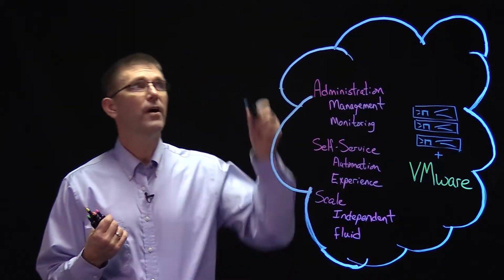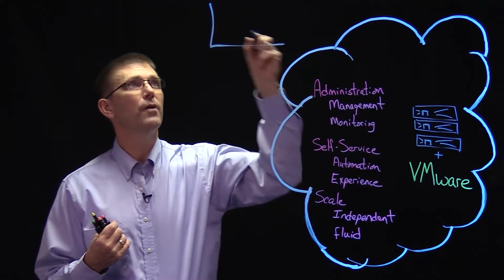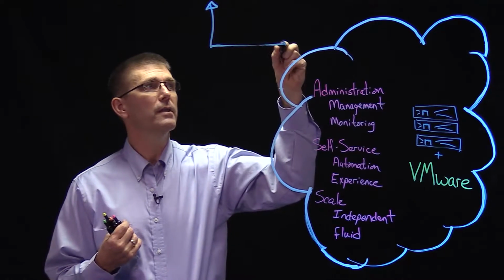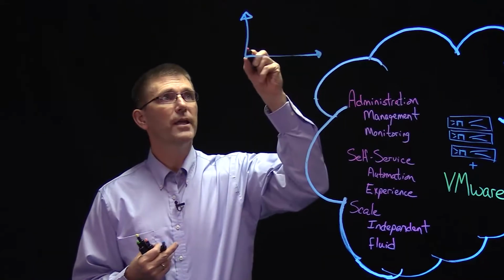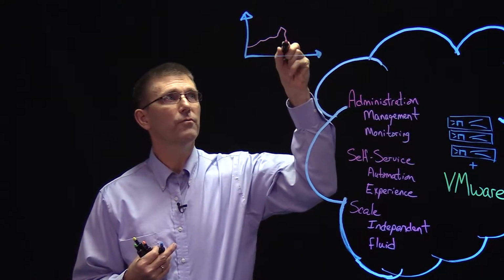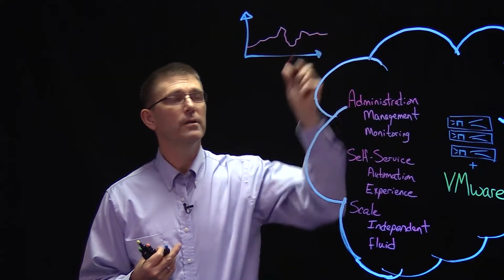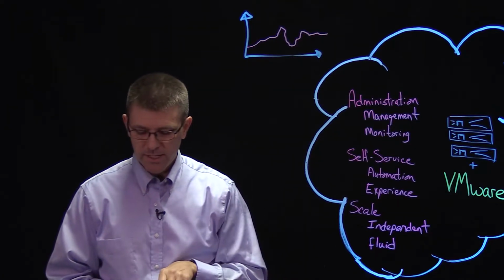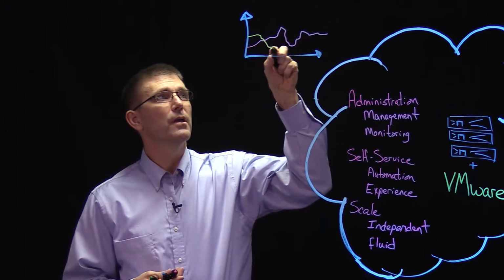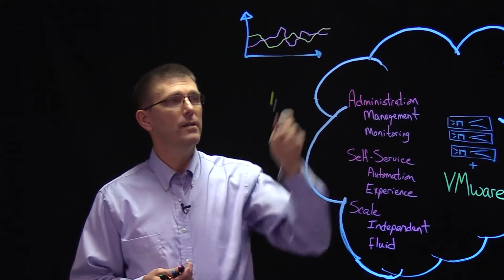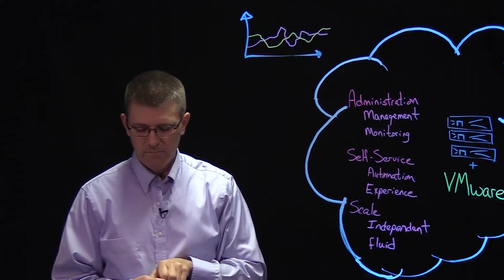When I'm looking at an environment, we can create a graph here, and I can monitor my environment and see the different resources, and know what's going on. This could be a graph that contains data throughout the day, and I can have a couple of different charts here. Then I might have a threshold.